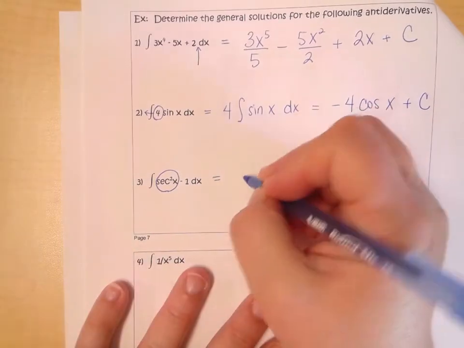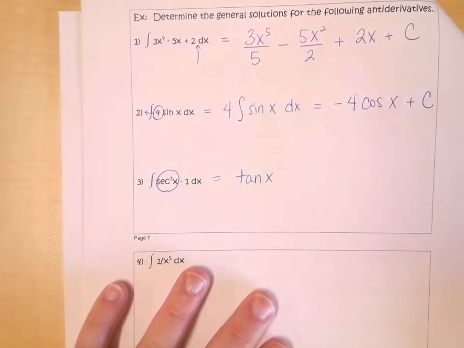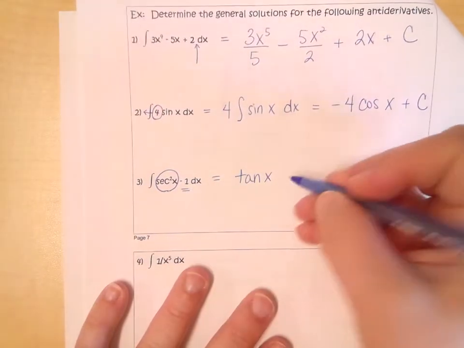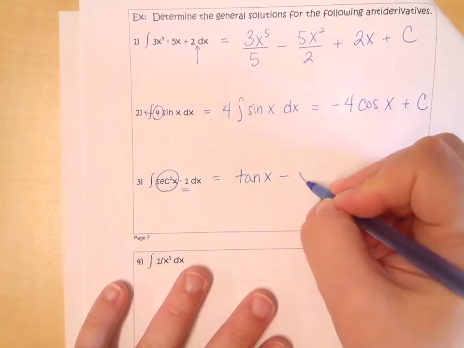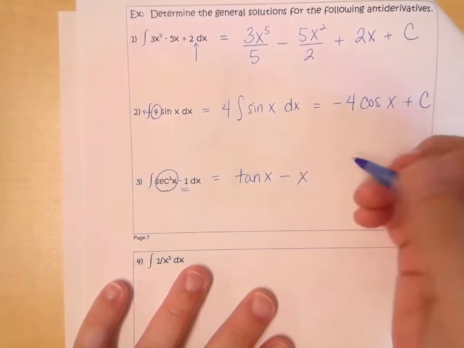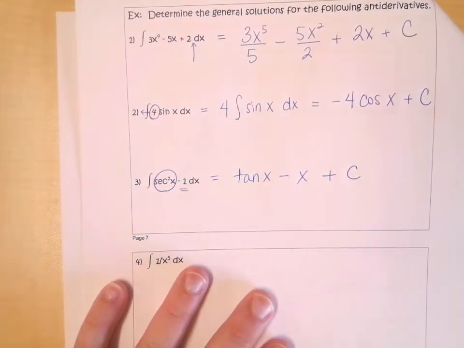Tan is correct. There you go. Megan had it too. And then negative 1 is the coefficient of negative x. Plus c. These are capital C's, by the way. Make sure that yours is a capital C as well.